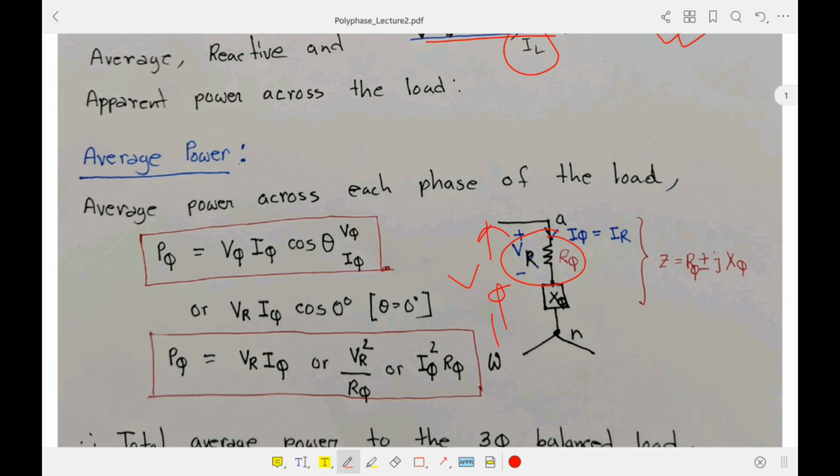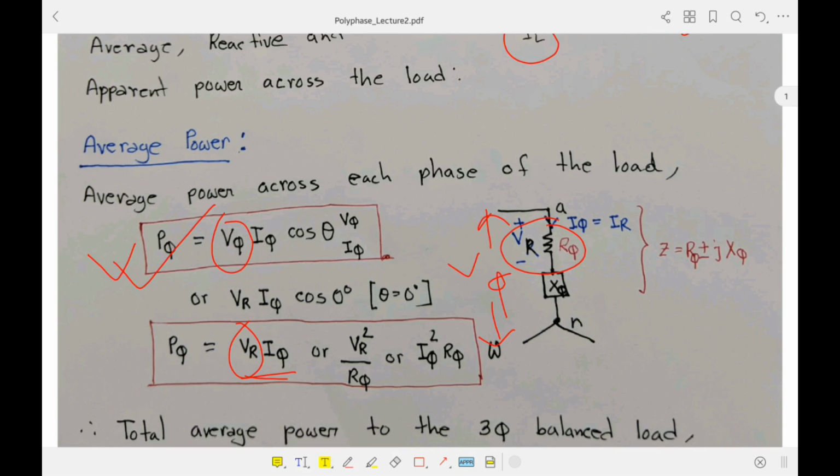So whenever you use any equation, observe closely whether it is V phi or VR. I always suggest you use this sort of equation, because this creates less confusion. Otherwise you need to manually check whether it is VR or V phi and other such things.